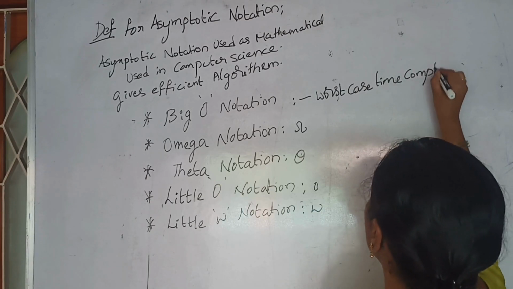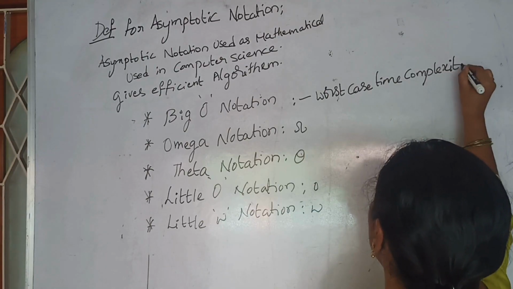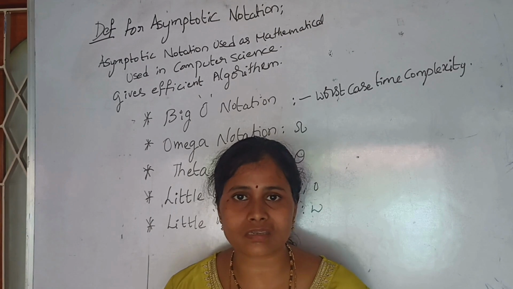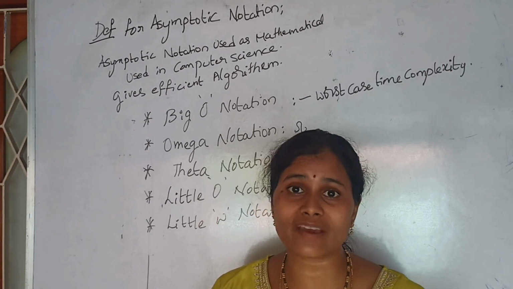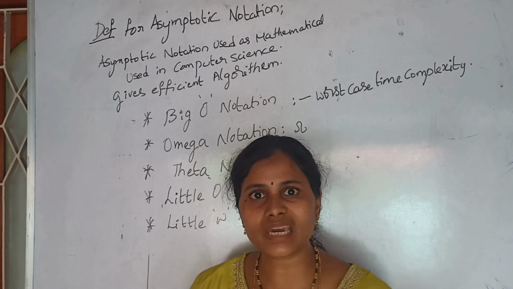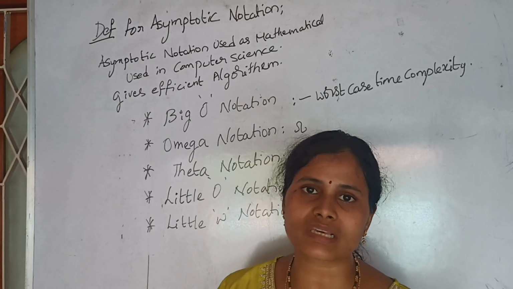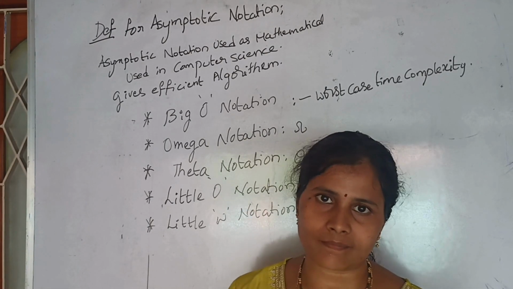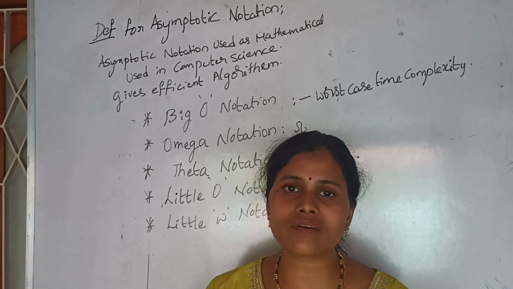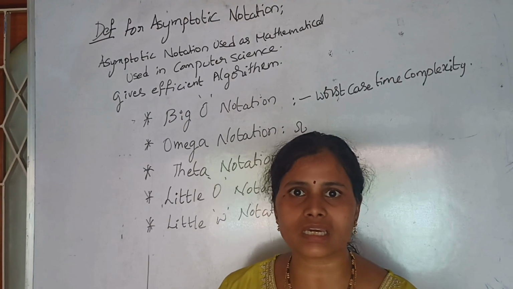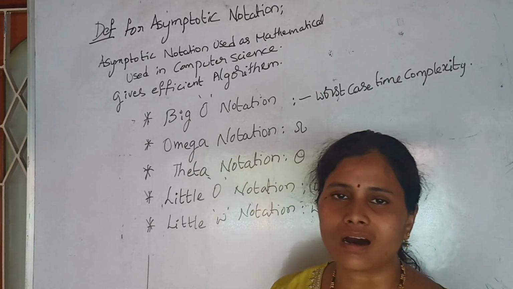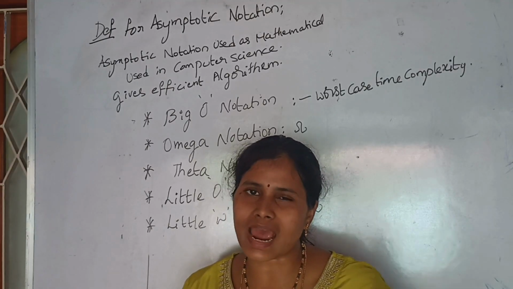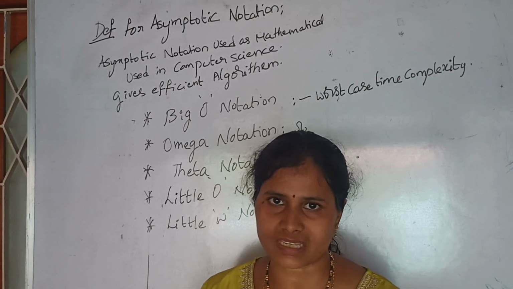Here I already said that worst case time complexity gives the most efficient result. How is it possible? Let me explain. When you are working with worst case time complexity, you have already covered the values of best case time complexity and average case time complexity.